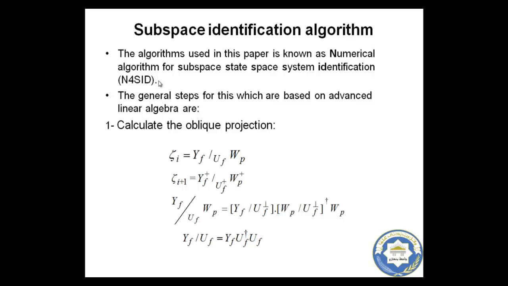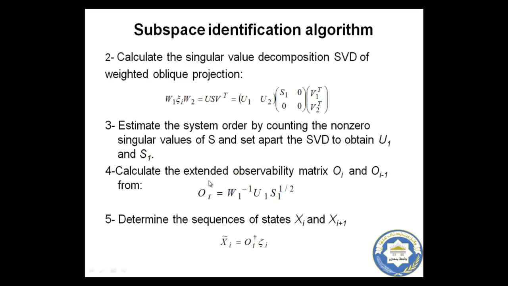The general steps, which are based on advanced linear algebra, are: first, calculate the oblique projection from the future input and future output. This oblique projection is then used to calculate the singular value decomposition of the oblique matrix. The oblique matrix is broken into three matrices.